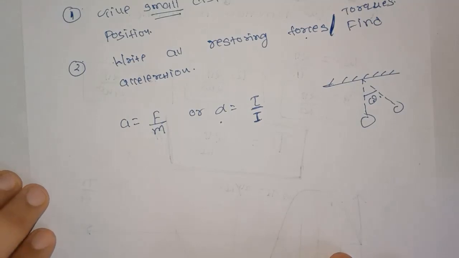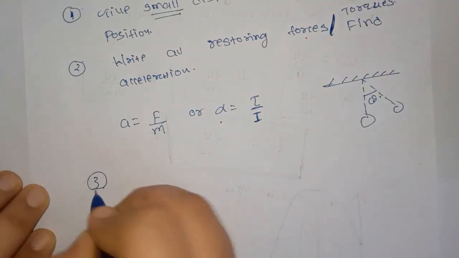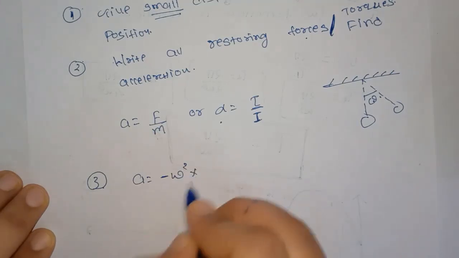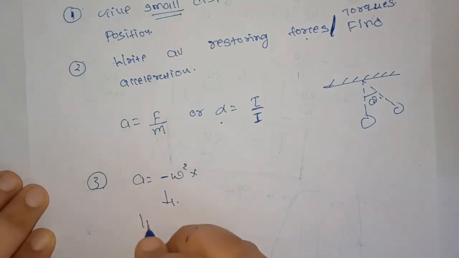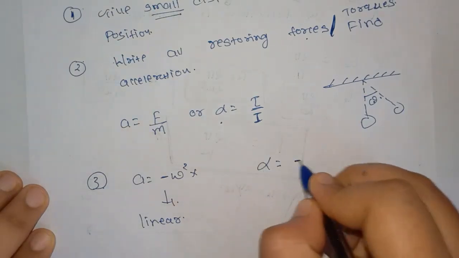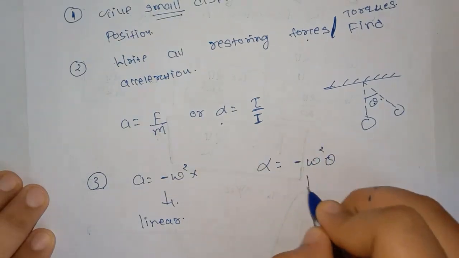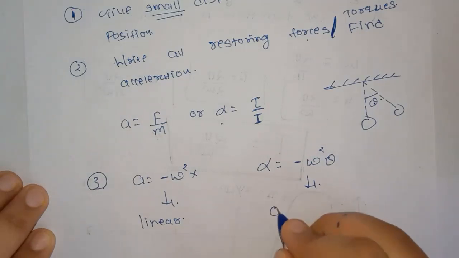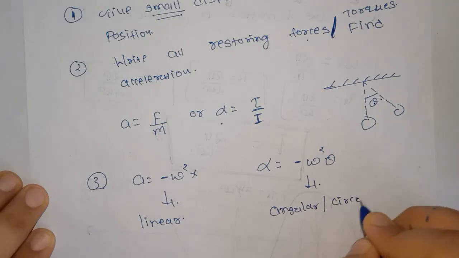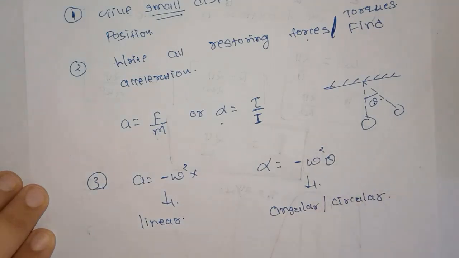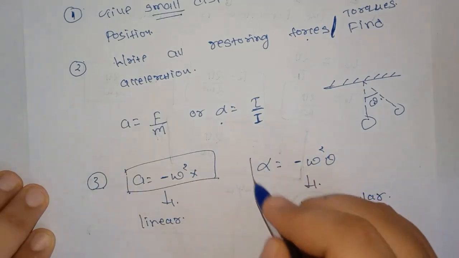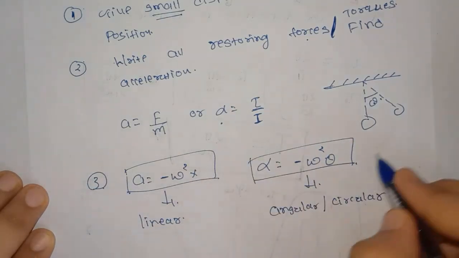After finding the acceleration, we have to compare it with the basic equation a equals minus omega square x in the case of linear motion, and alpha equals minus omega square theta in the case of angular or circular motion. If the given acceleration follows this equation, then the motion will be SHM.